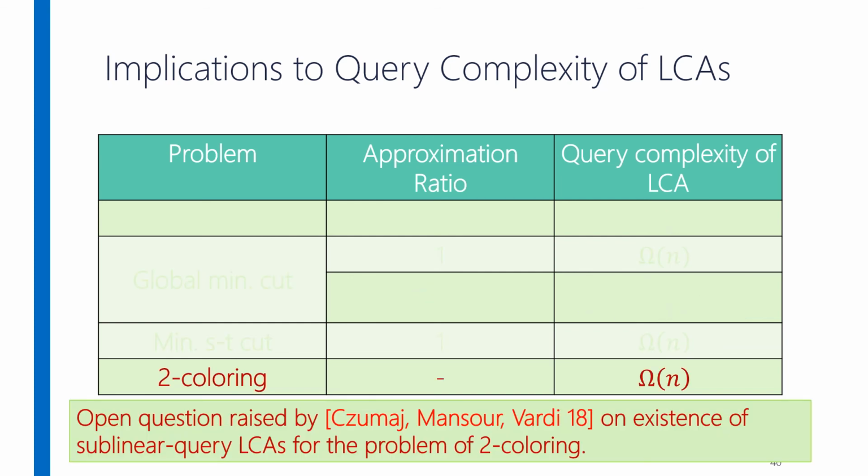The result that I want to focus on, however, is the linear lower bound on the query complexity of LCAs for 2 coloring. With this result, we solve an open problem raised by Shumai, Mansoor, and Vardi on whether there exist sublinear query LCAs for two-coloring a graph.